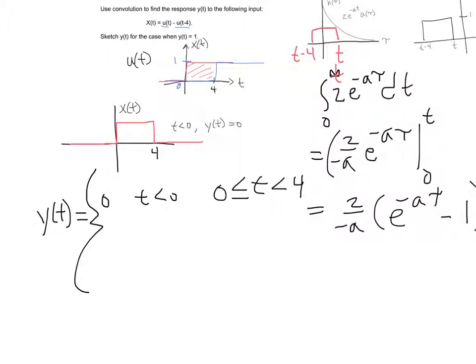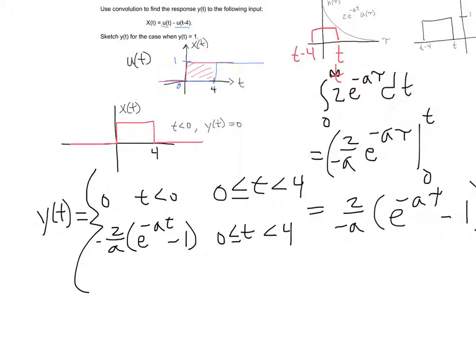And then it's 2 over negative a times e to the negative a t minus 1, where t is greater than or equal to 0, less than 4, for that area right there.